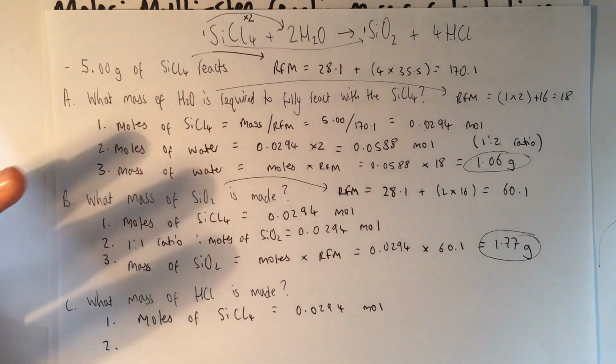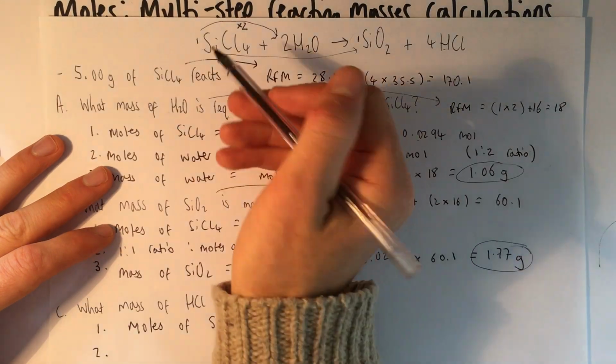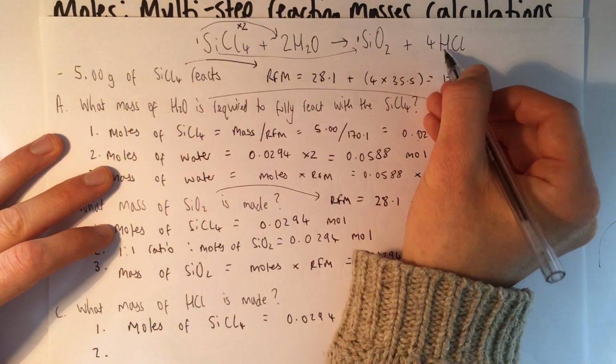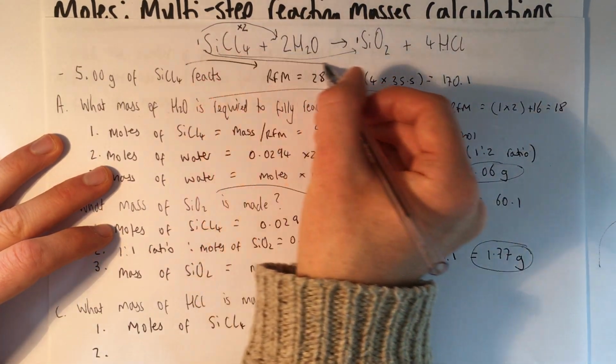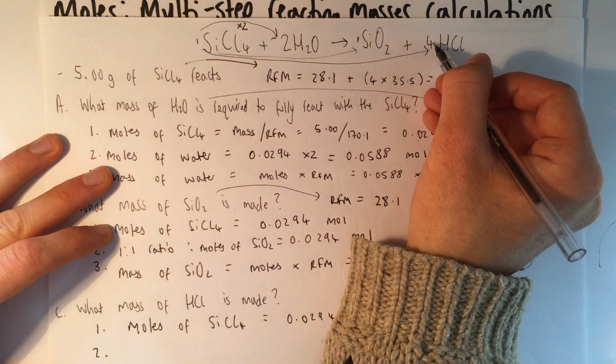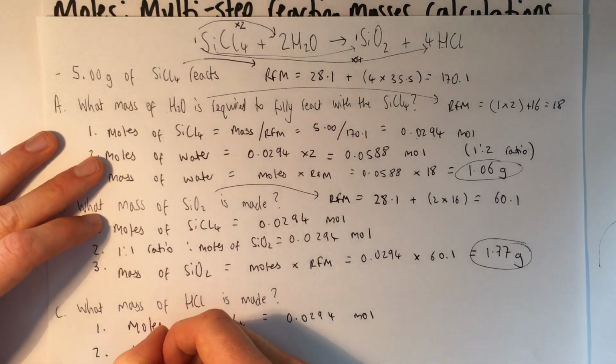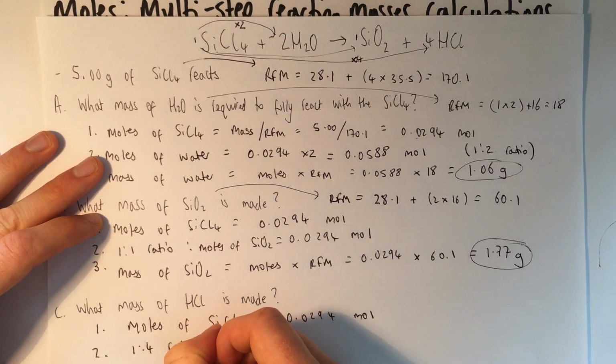Next step, I'm going to look at the molar ratio again, the molar ratio between silicon tetrachloride and hydrogen chloride this time. One of these makes 4 moles of this, so we've got to times it by 4. It's a 1 to 4 ratio.